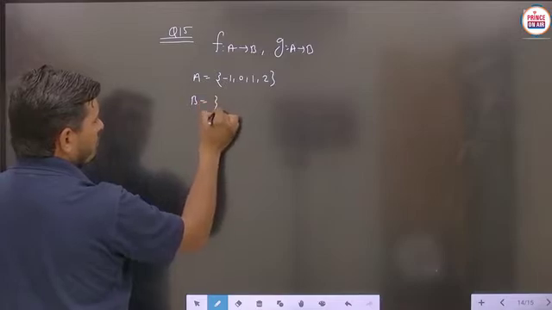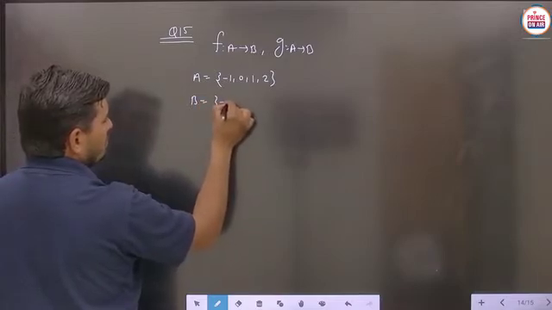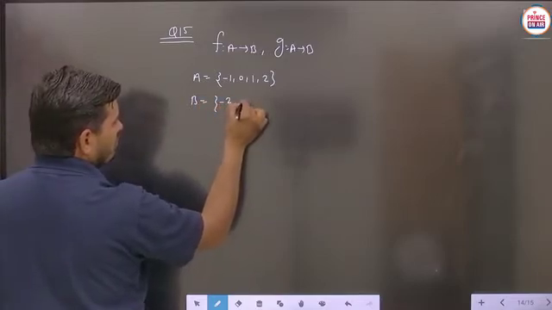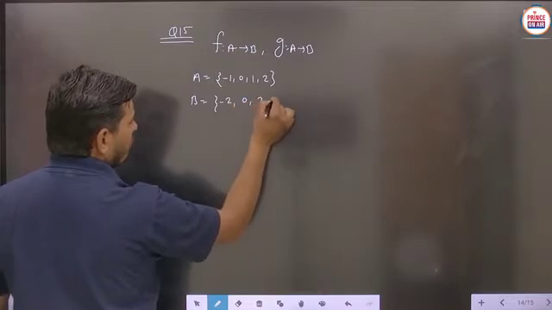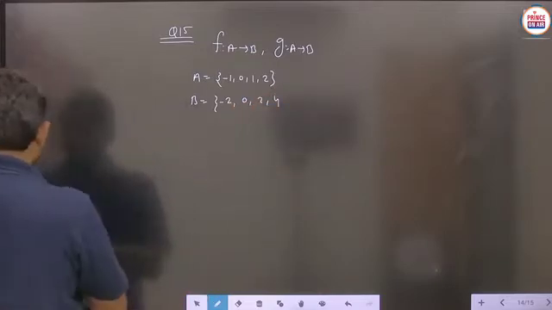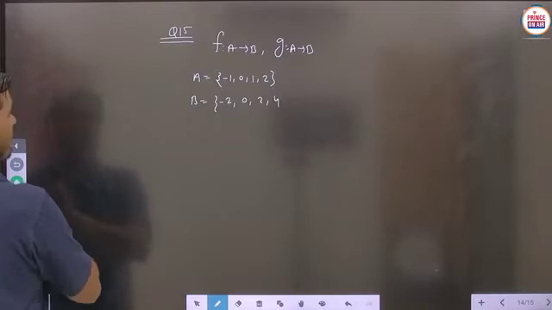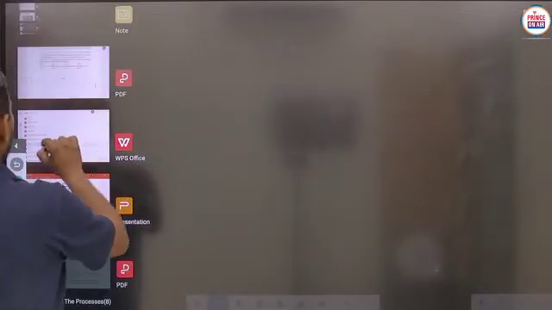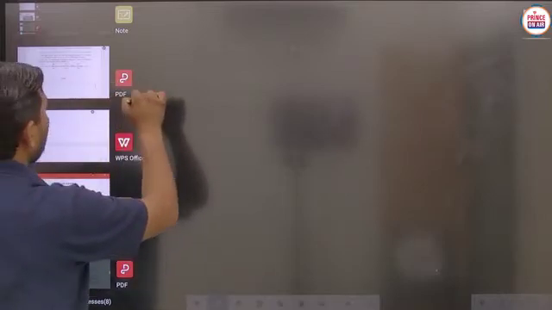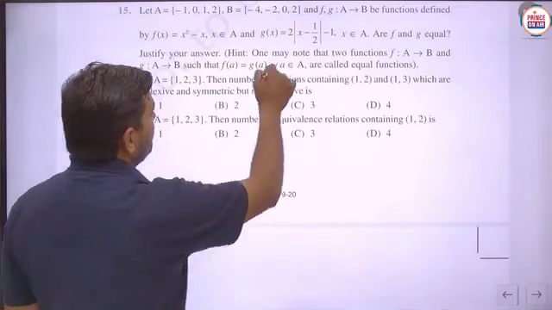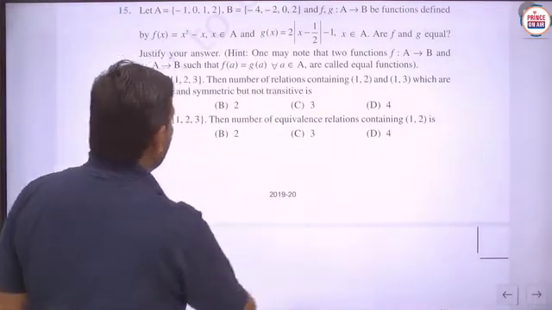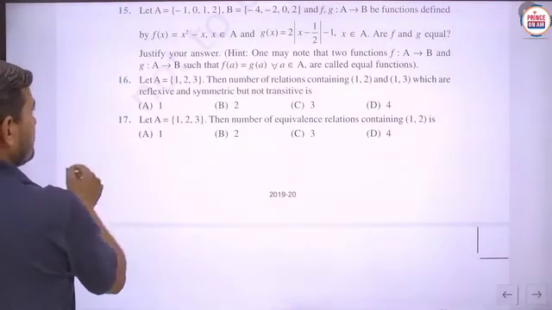Set B is given as minus 4, minus 2, 0, 2. And f(x) is x square minus x.